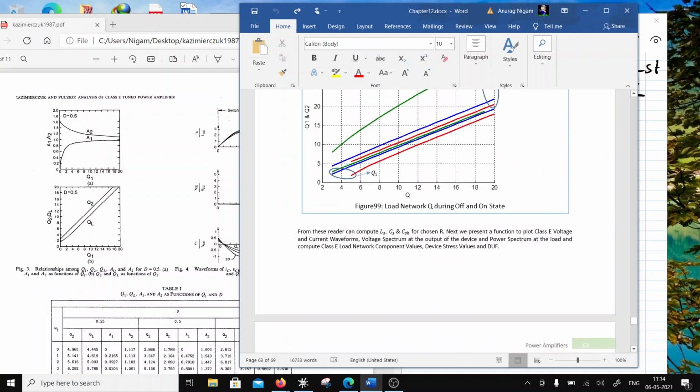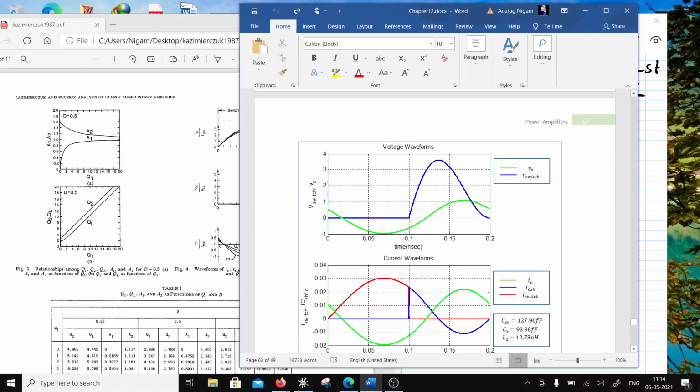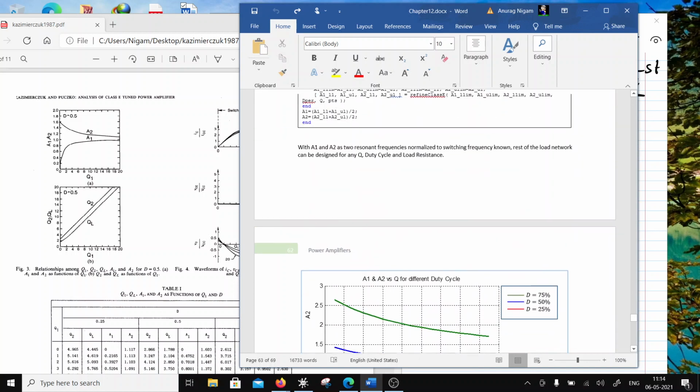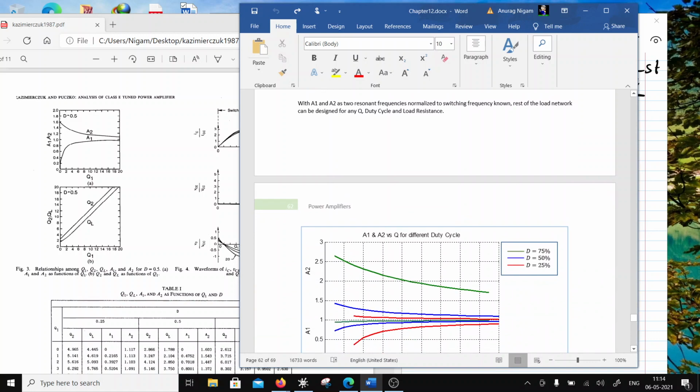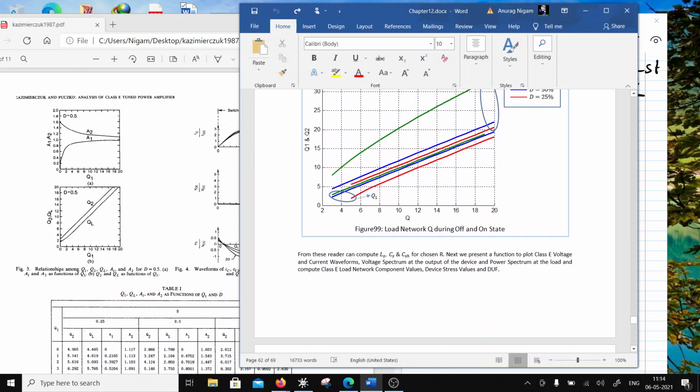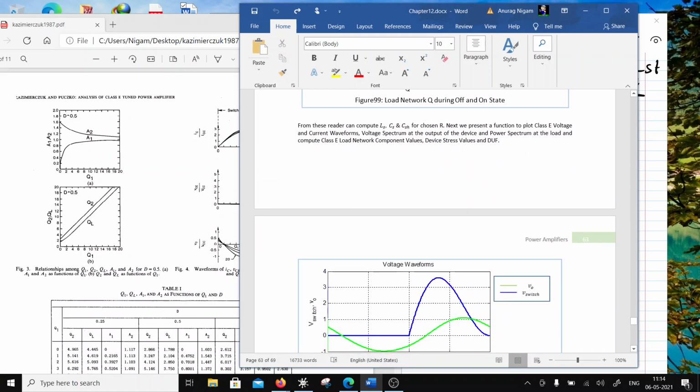Then I'm going to use this to plot the waveforms. I want to show you a design of a class E using this graphical technique.